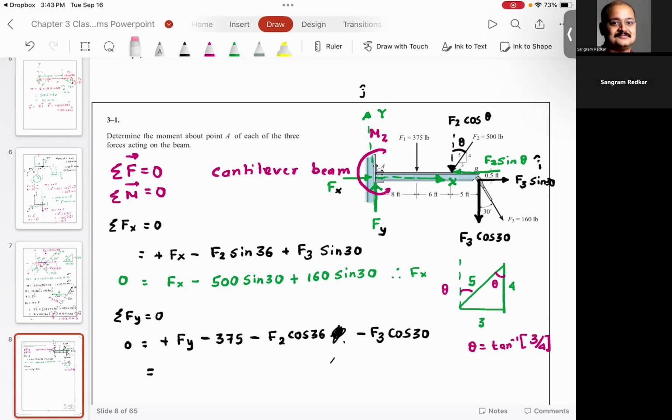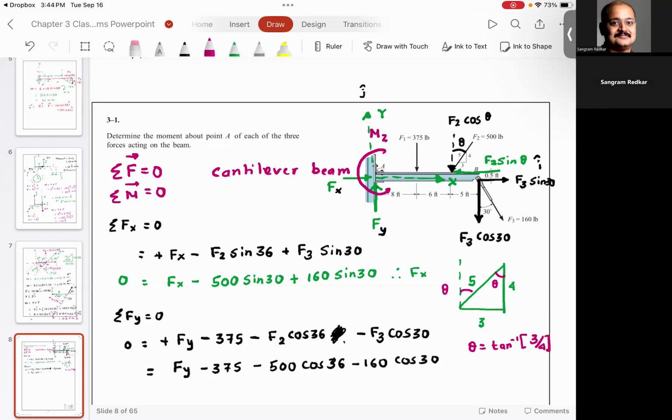So fy: minus 375 minus F2, which is 500, cosine 36, minus F3, which is 160, cosine 30.